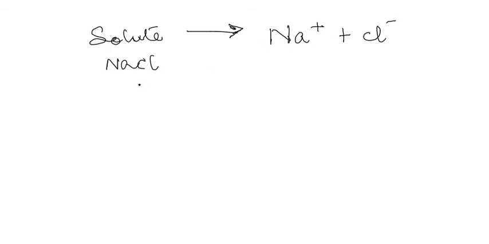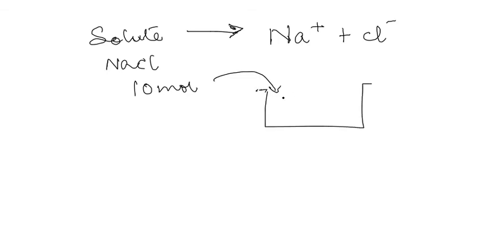If we take 10 moles of sodium chloride, assuming that it is a strong electrolyte, every one of the 10 moles will break apart into the sodium ion and the chloride ion. So each sodium chloride will give us 1 mole of sodium ion and 1 mole of chloride ion.